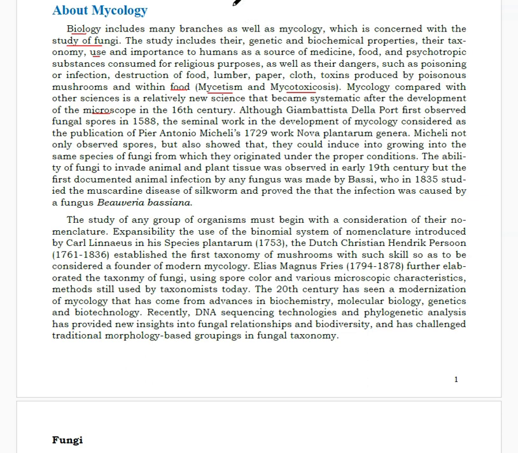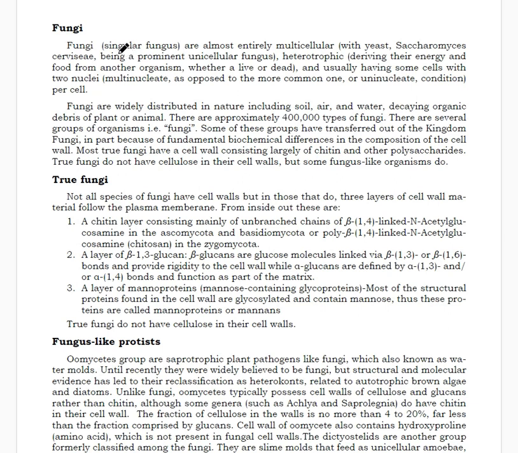Let's start with the description. So what are fungi? In singular we call it a fungus, and the plural is fungi. They are multicellular with some exceptions, like the yeast Saccharomyces cerevisiae, which is a prominent unicellular fungus.